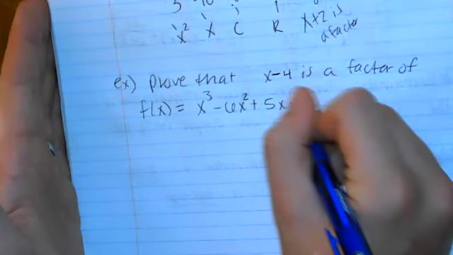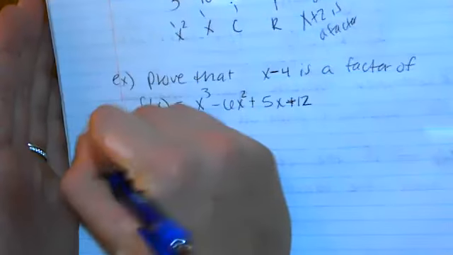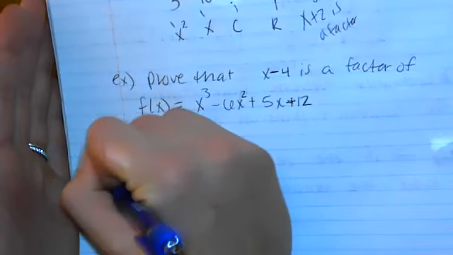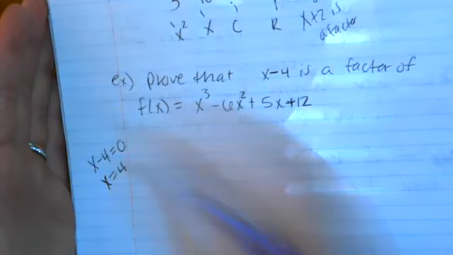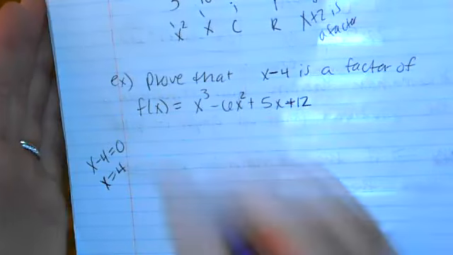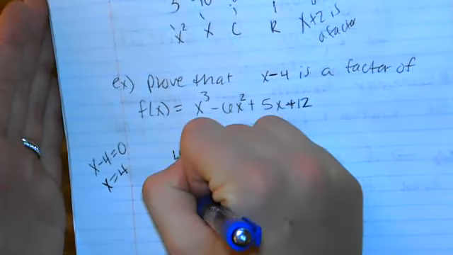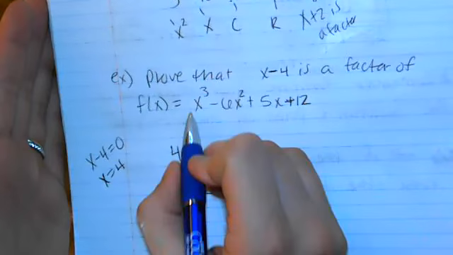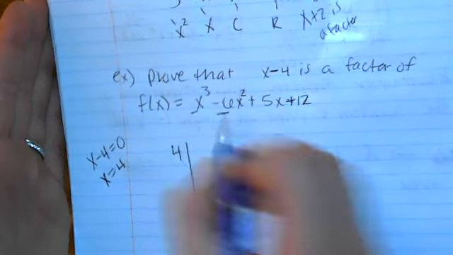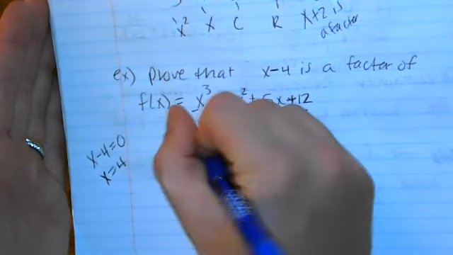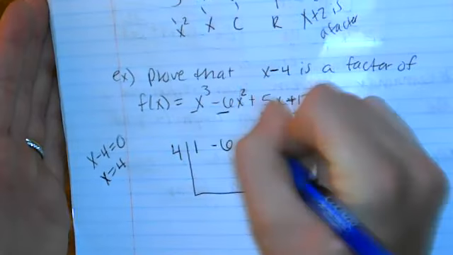Okay, so there's no 0 placeholders needed. Set x minus 4 equal to 0, and we get x equals positive 4. Positive 4 goes on the outside. My numbers 1, negative 6, positive 5, positive 12 all come down.